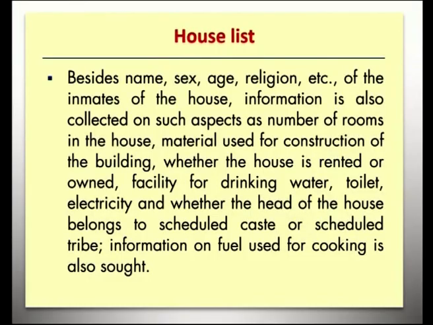Besides name, sex, age, religion, etc. of the inmates of the house, information is also collected on such aspects as number of rooms in the house, material used for construction of the building, whether the house is rented or owned, and facility for drinking water, toilet, electricity, and whether the head of the house, the family head, is scheduled caste or scheduled tribe. Information on fuel used for cooking is also sought. This kind of information will be put under the heading of a house list.